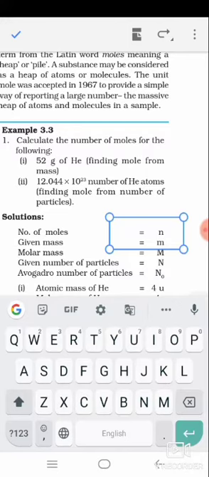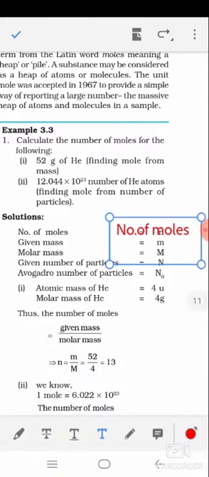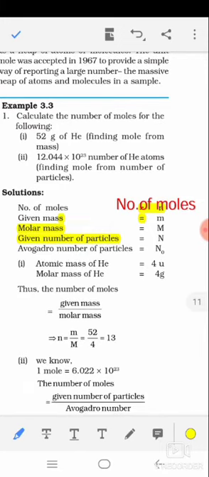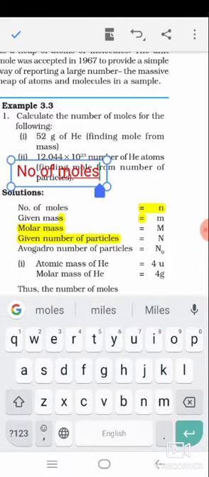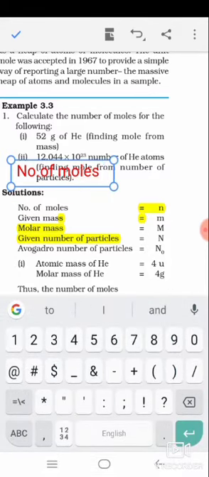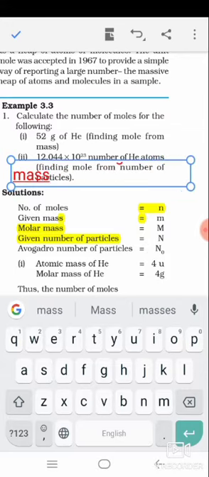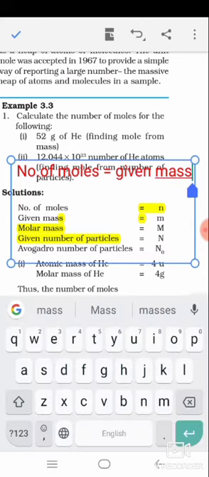So I am providing you an equation. Please note it in your notebook.